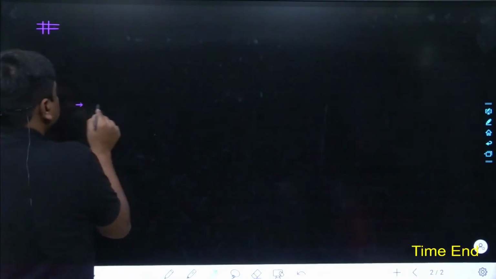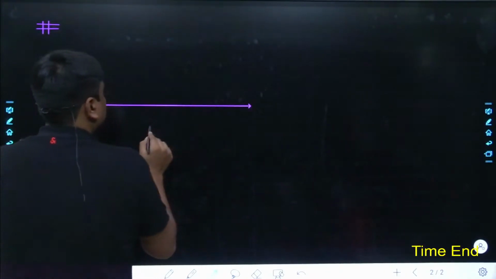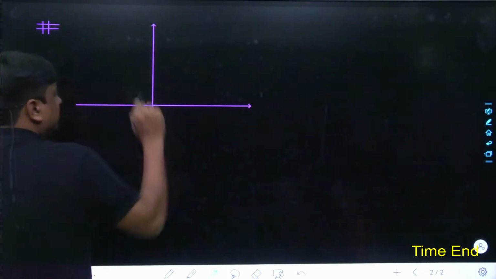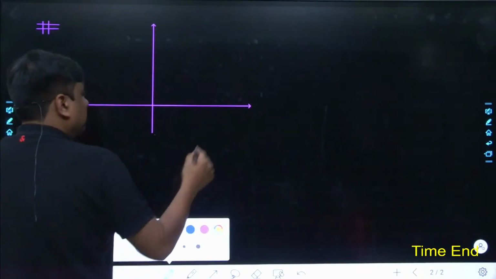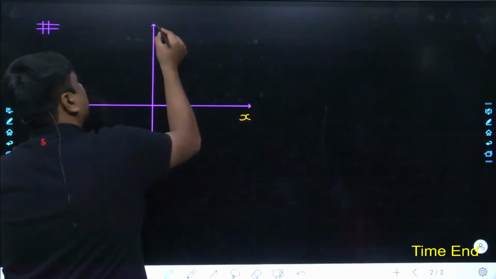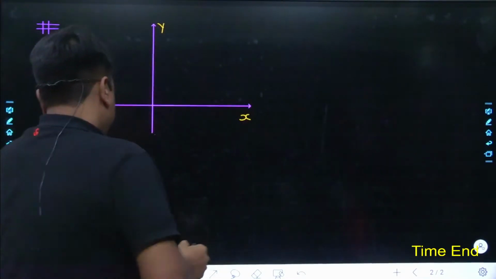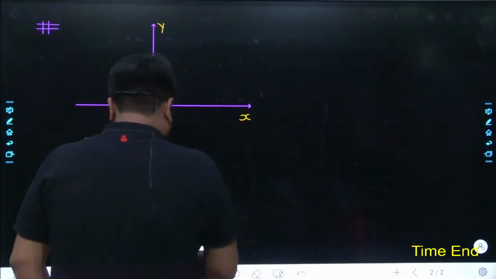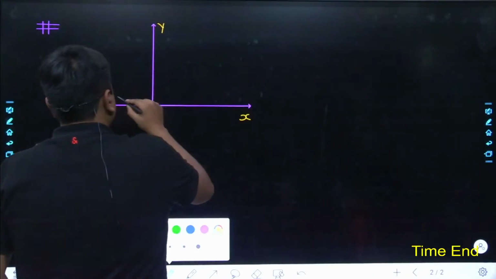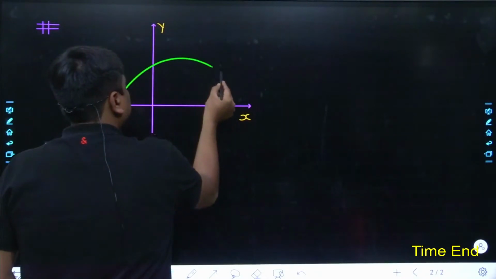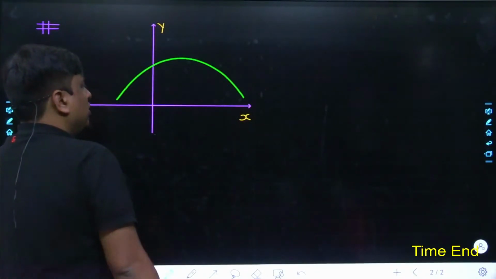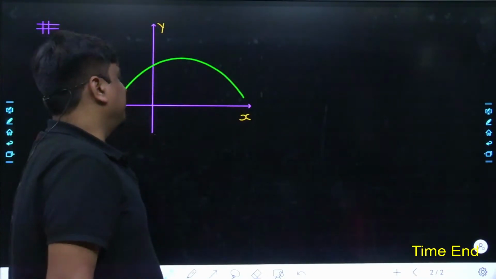Let's take this as my real axis, the x-axis, and this as the y-axis. Agreed? I have drawn a random curve. I have taken a function f of x, and the graph for the function f of x looks something like this.